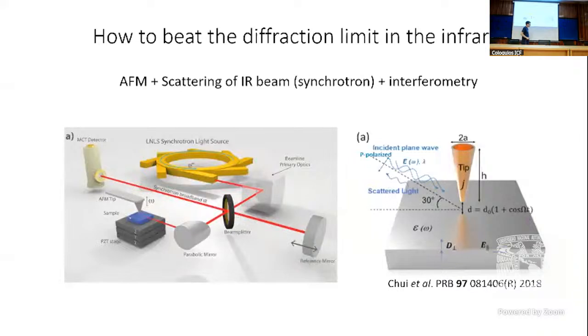So this is what people imagined and created. And the technique has some tricks here. I will not go into detail, just point out a few important ingredients. The idea is to start with an atomic force microscope. Here's the tip. But then they cover this with metal. They put the sample close to the tip. The tip is oscillating.